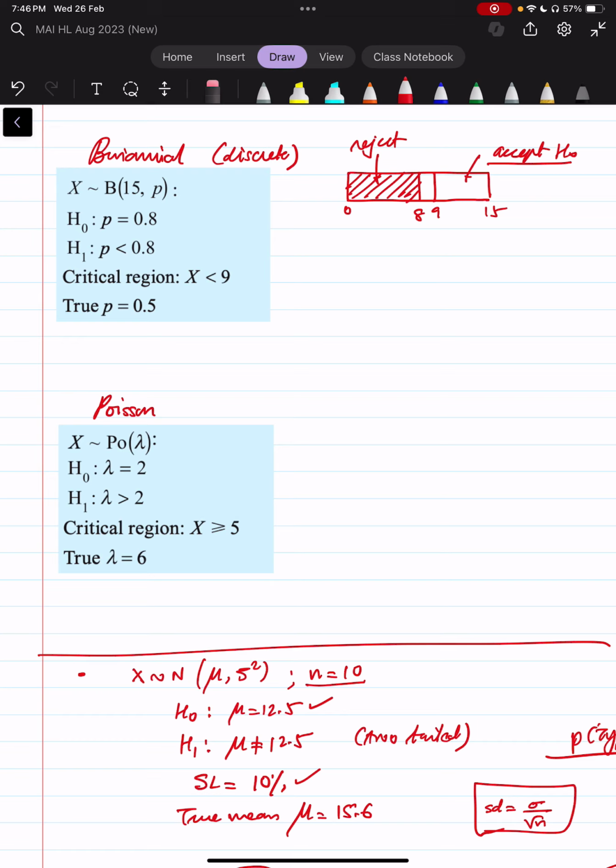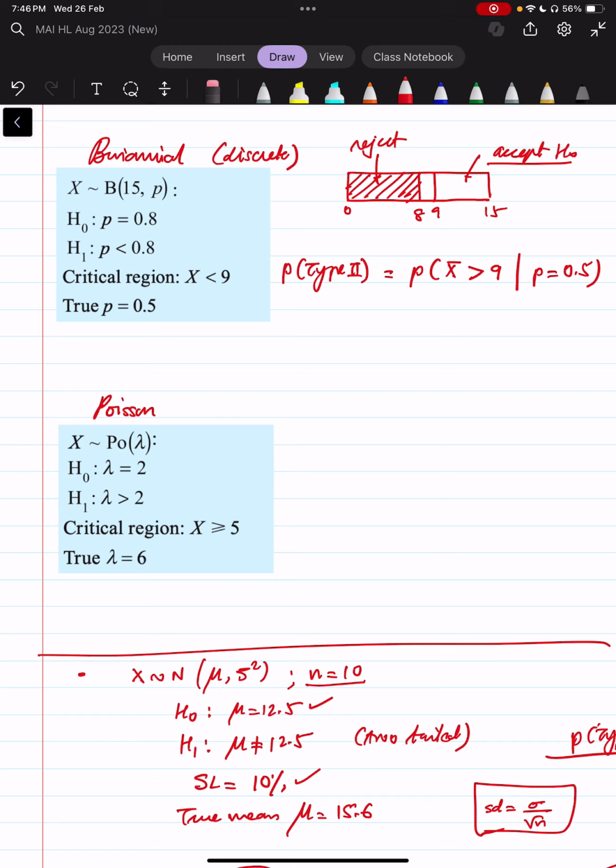Okay. So fine. So what's your probability of type 2 error? Probability of acceptance, then the probability that your sample value is greater than or equal to 9 or up to 15, because obviously there's an upper limit for binomial. Given that your p is 0.5. So what you need to do is you have to use BCD.